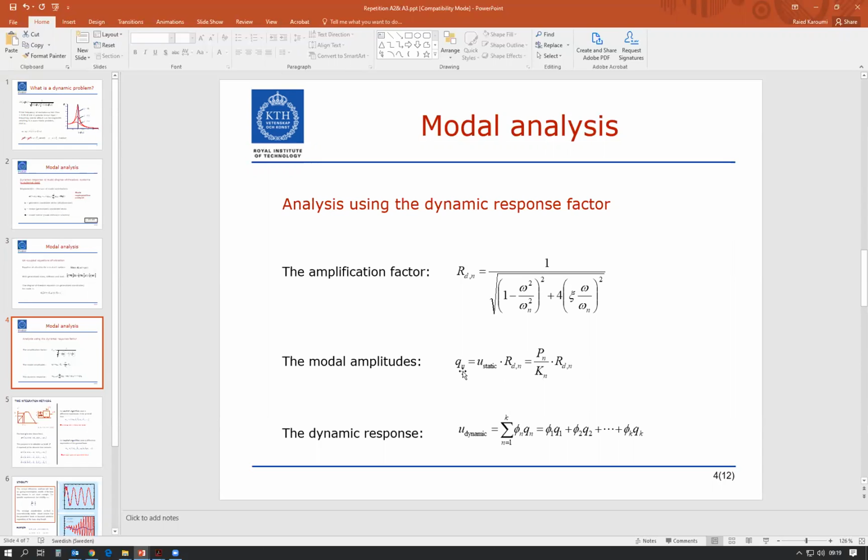Then when we have calculated Q n for each mode we want to include, we multiply it with the corresponding mode shape, add the second and the third and so on, and then we get the total dynamic response. So this is the idea of using modal analysis. Normally we don't need to consider more than the first few mode shapes and frequencies.